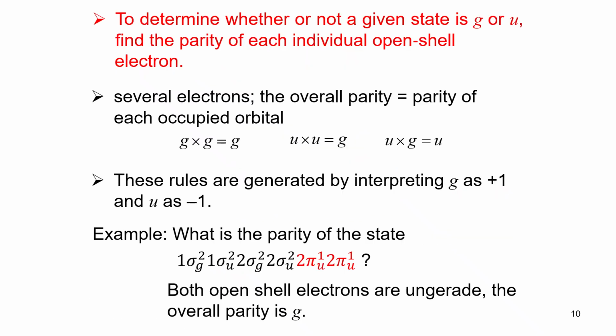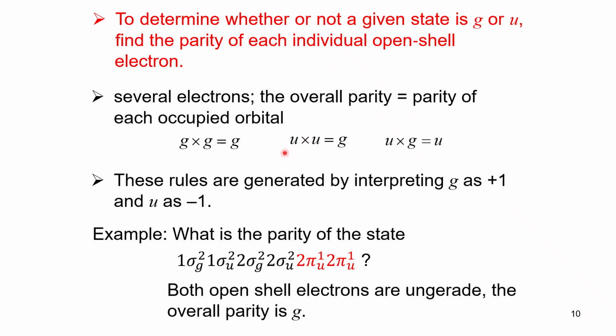To find the overall parity of a state with several electrons, you multiply the parity of each individual open-shell electron, meaning the non-fully filled orbitals. The rules follow a simple logic. If electron 1 is in a g orbital and electron 2 is also in a g orbital, then the overall parity will be g.